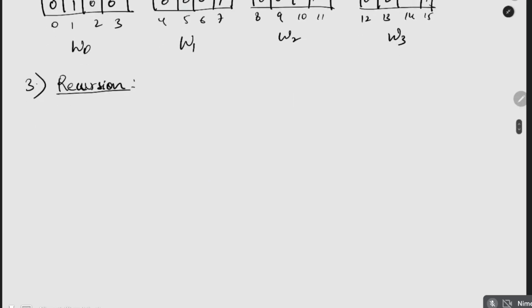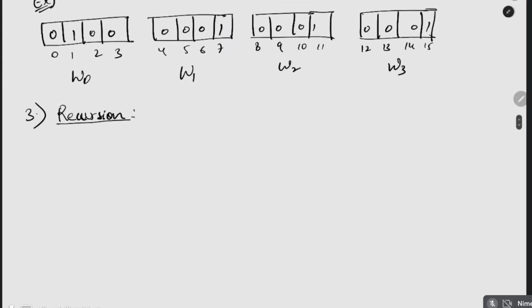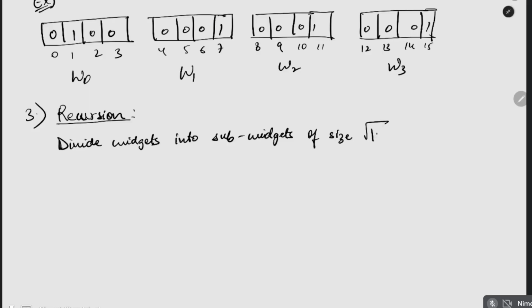So basically we divide every widget into sub widgets of size square root of the number of widgets, or you can say square root of the square root of u.